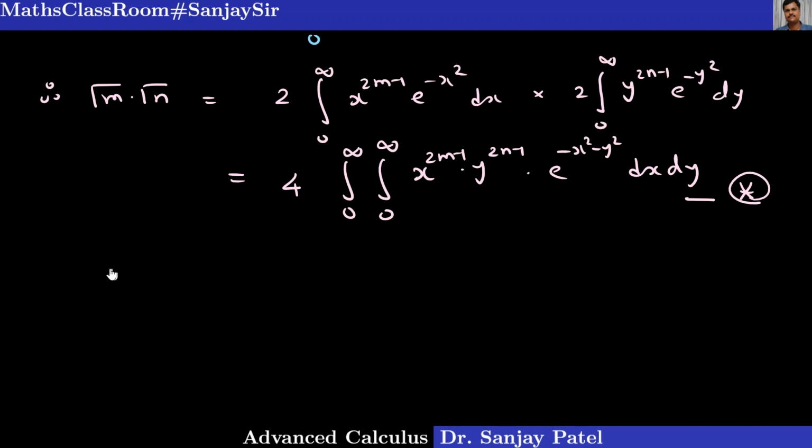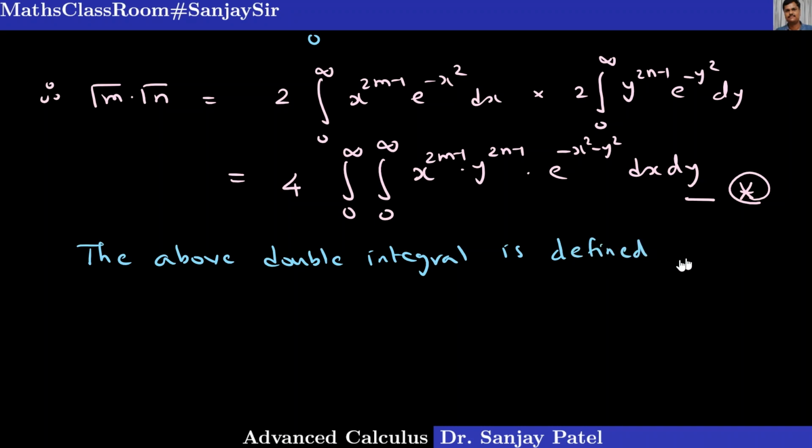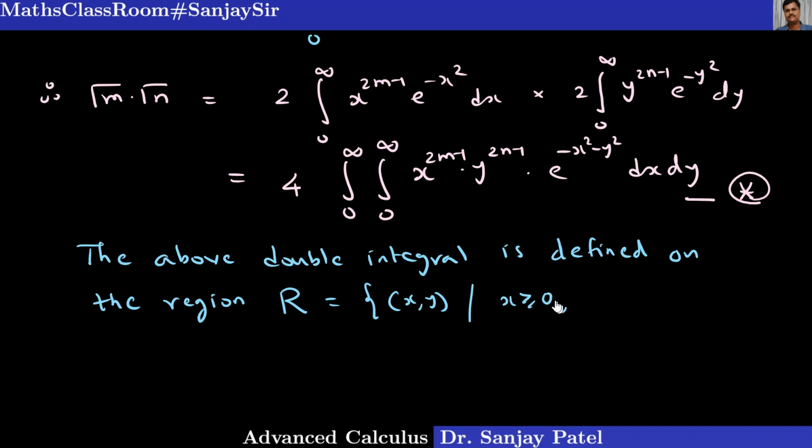So the above double integral is evaluated or is defined on the region R given by all those points x and y such that x is greater than or equal to 0 and y is greater than or equal to 0.